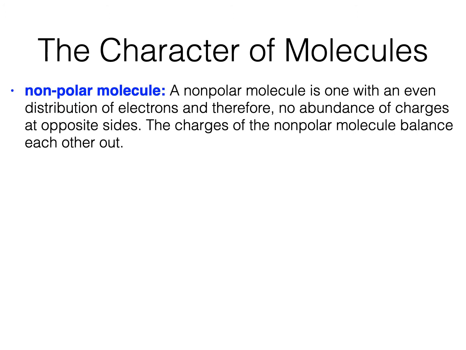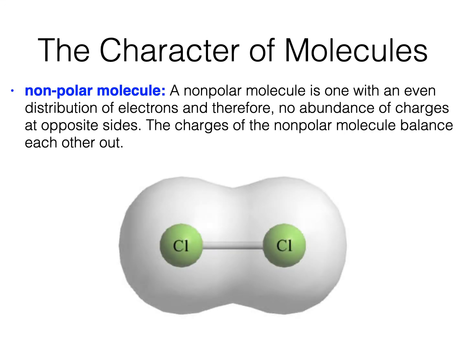A nonpolar molecule would be where there are literally no poles, which would mean there are no charges present. And the way you end up with no charges is the electrons that are being shared between atoms are evenly distributed. So there is no distinct positive or distinct negative area to the molecule.